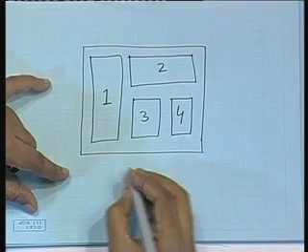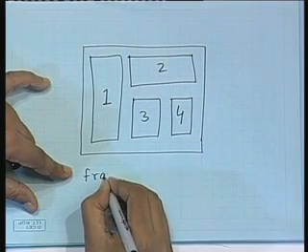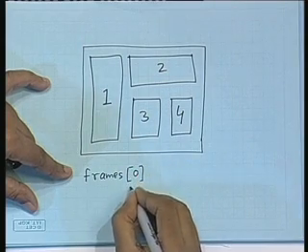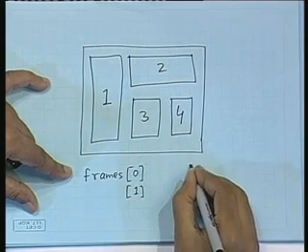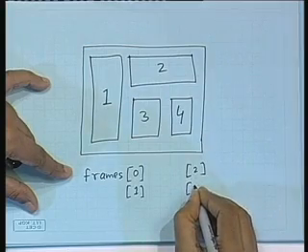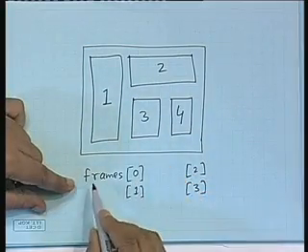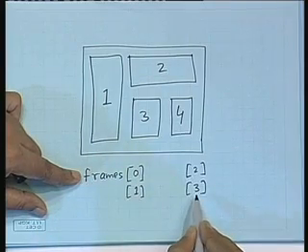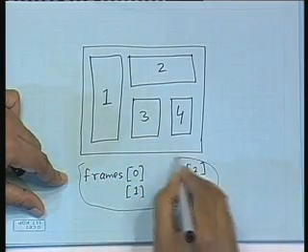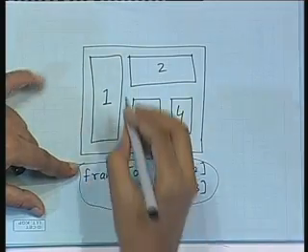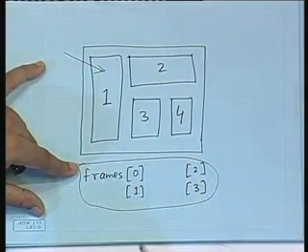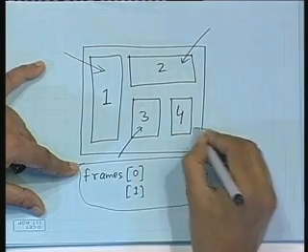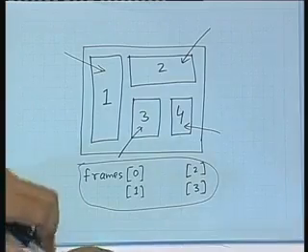Now, this frames object subcategory will actually refer to an array of frames which are referenced by frame 0, frame 1, frame 2 and frame 3. Okay. Frame 0 will contain this particular frame, frame 1 will contain this particular frame, frame 2 will be this and frame 3 will be this.